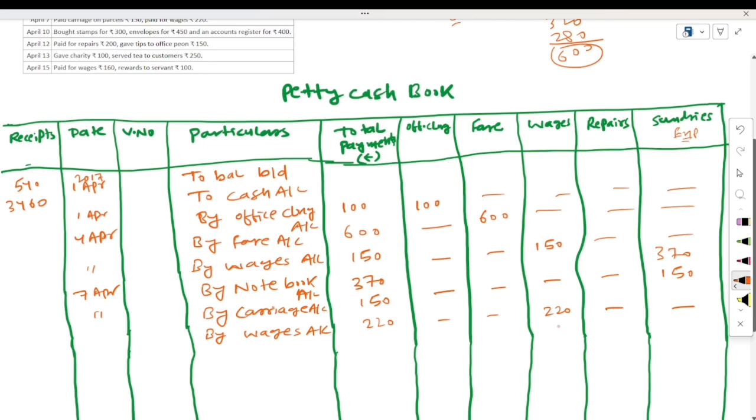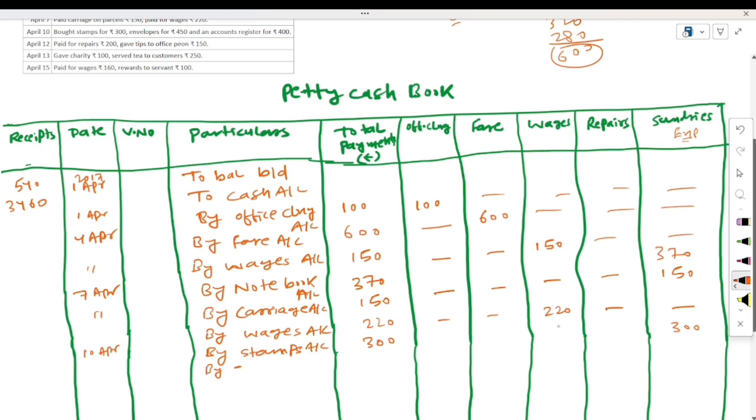Next, on 10th April, bought stamps for 300, envelopes for 450, and an account register for 400. On 10th April, we will write here. Stamps 300. There is no separate column for stamps, so we will write it in the sundries column.